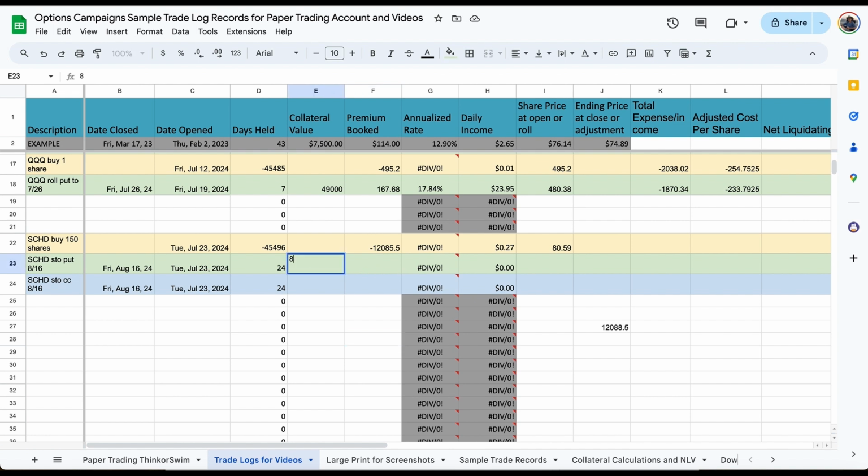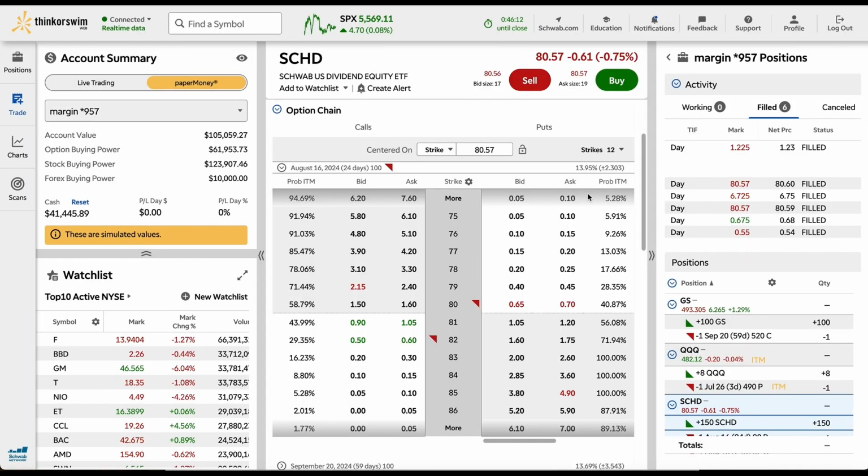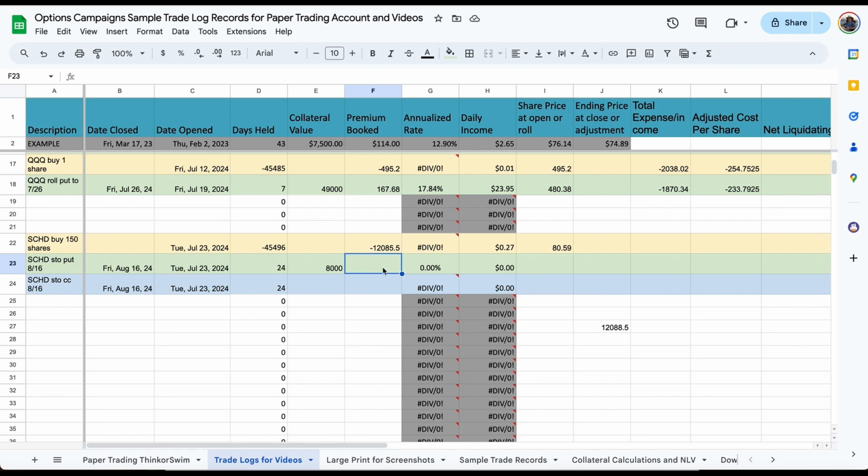So I'm using $8,000 of capital to secure it. The contract will be open for 24 days. And I received $67.34 for an annualized return of 12.8% on that $8,000 I'm using to secure it.